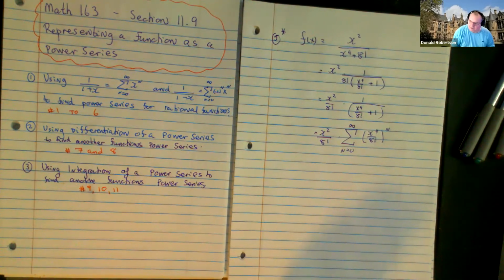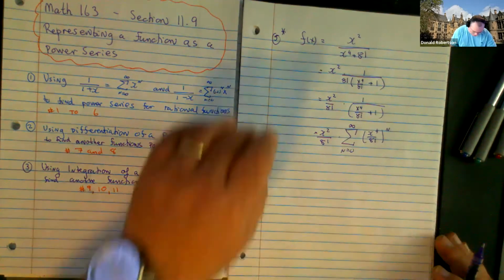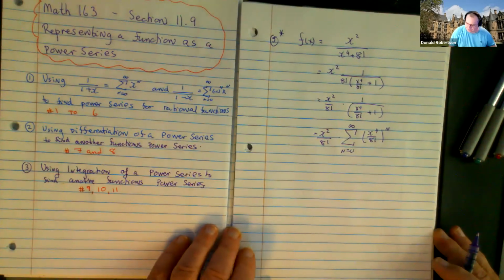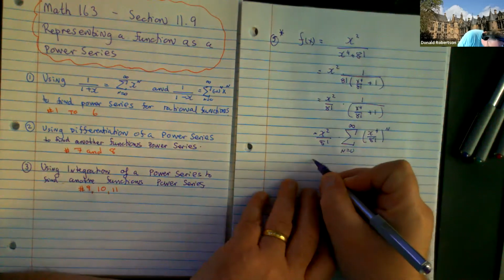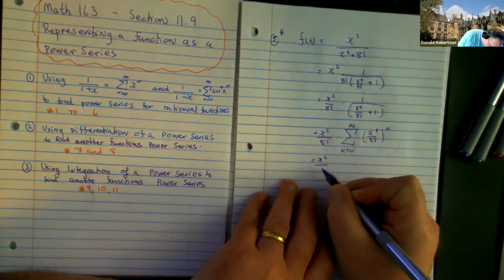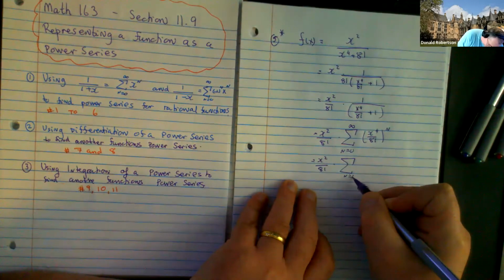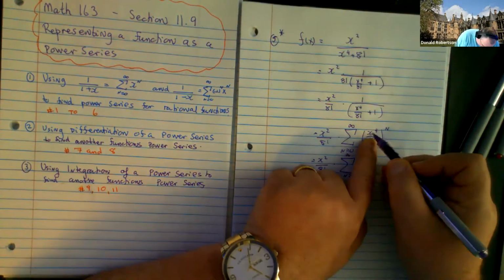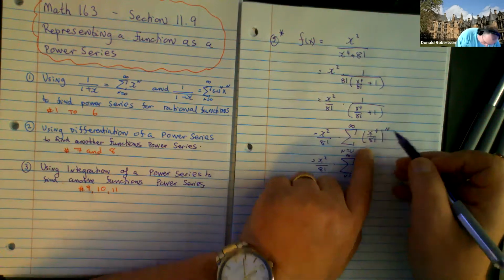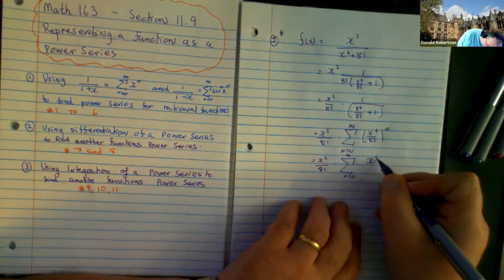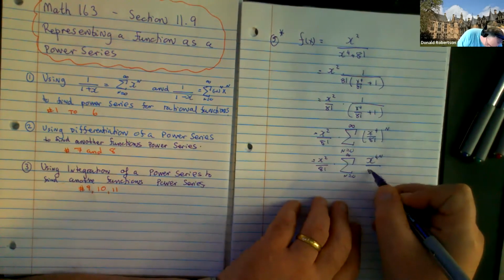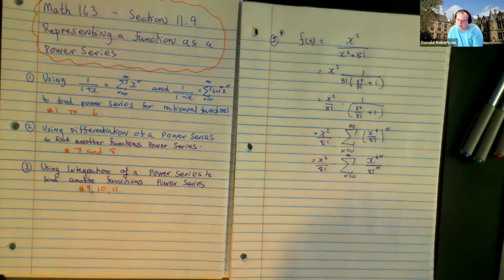Right, now the next few lines are all about making it look pretty. Just style points. x to the 4 over 81, raised to the power of n, can be written as x to the 4n over 81 to the n. You comfortable with that?